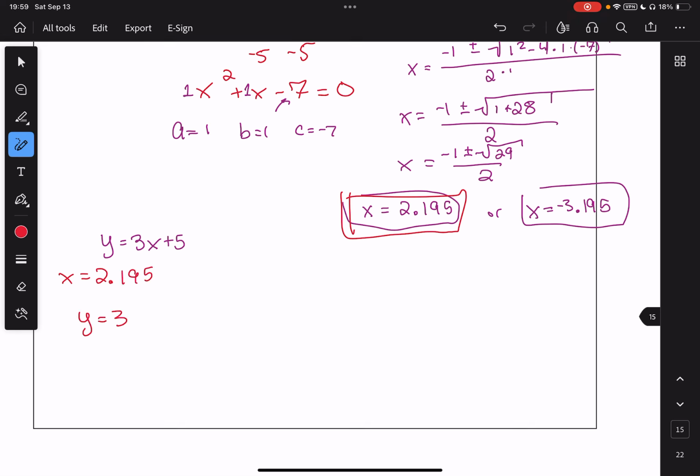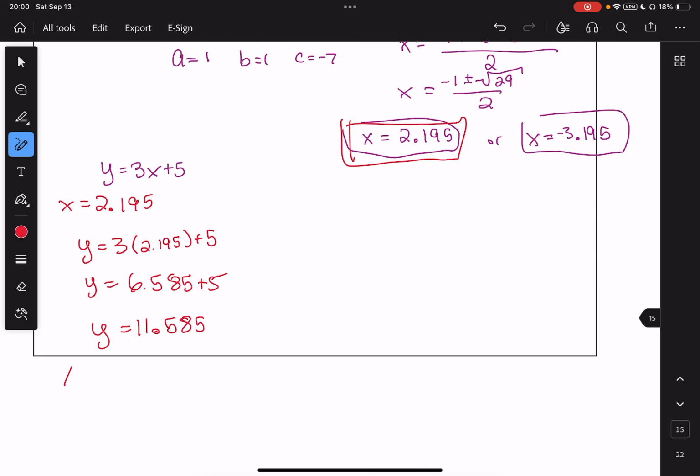So y is equal to 3 times 2.195 plus 5. This turns out to be y is equal to 6.585 plus 5, or y is equal to 11.585. This coordinate is 2.195, comma, 11.585. So this is our first coordinate.